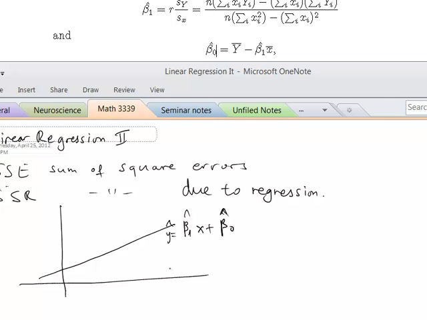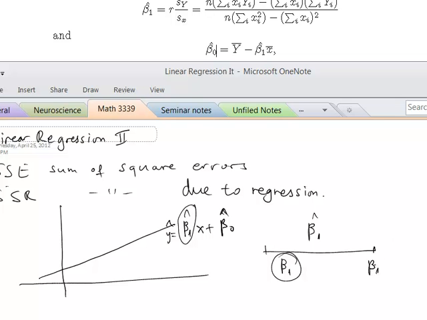This is not the actual only picture because this is only one point estimate. Beta 1 hat is actually the middle of an entire confidence interval within which the true value of the slope belongs.